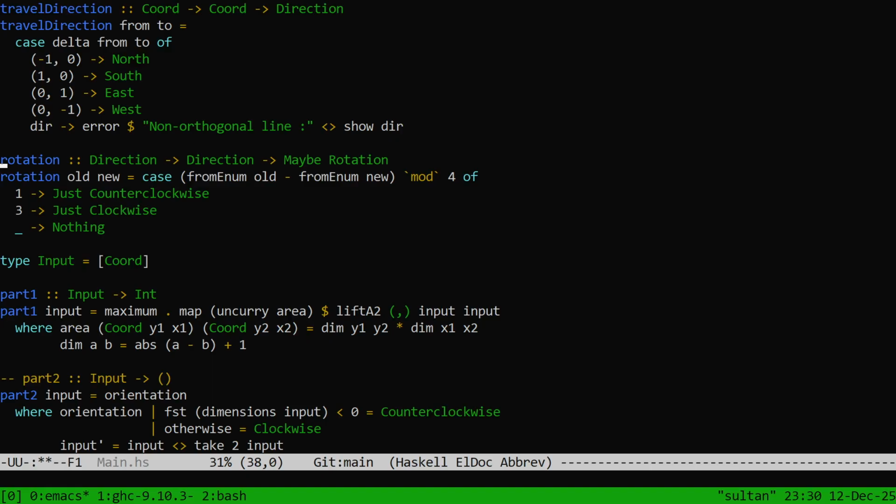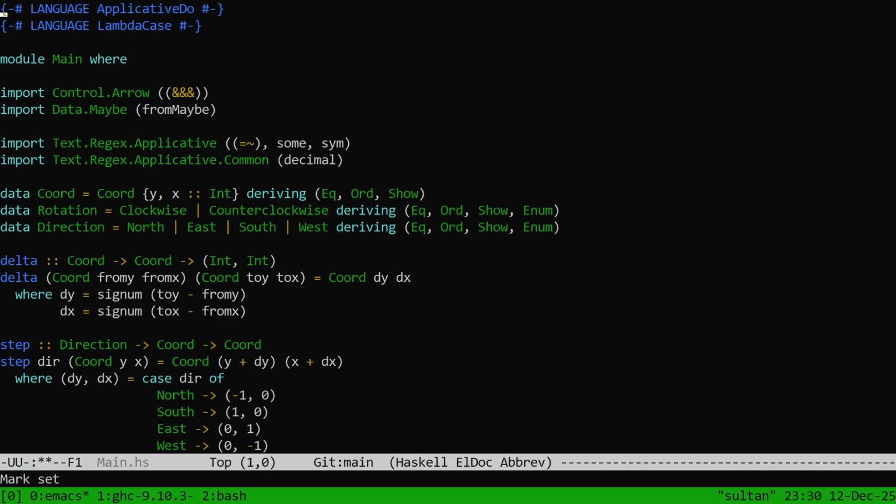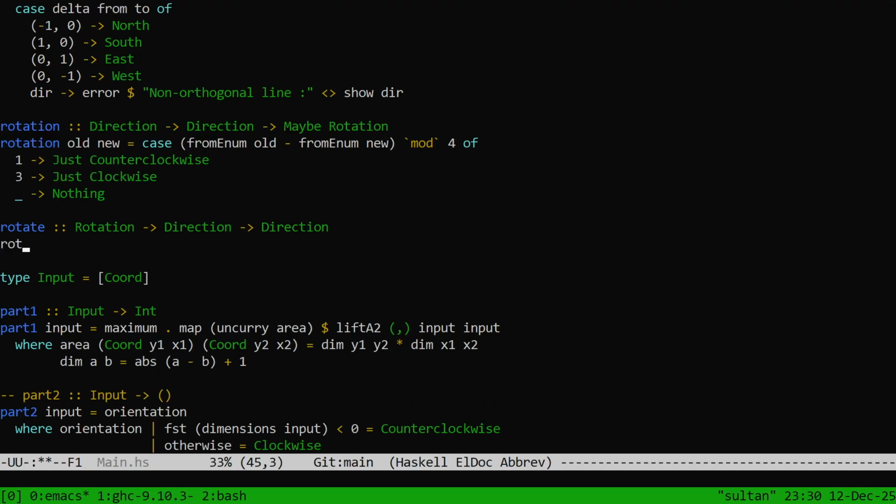I am. I want a function that does the opposite of this. It takes a direction and a rotation and gives me a new direction. Okay. Takes a rotation? Yeah. And a direction, back a new direction. Fortunately, I think it's pretty simple.